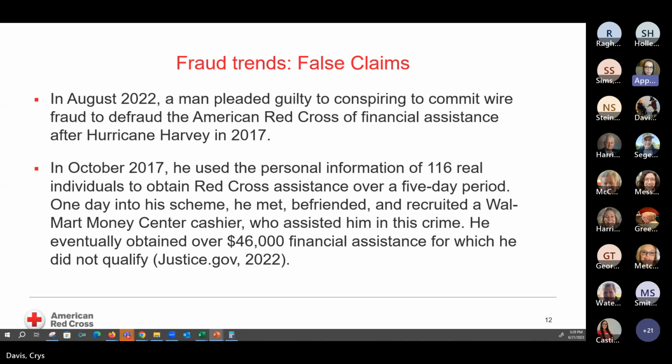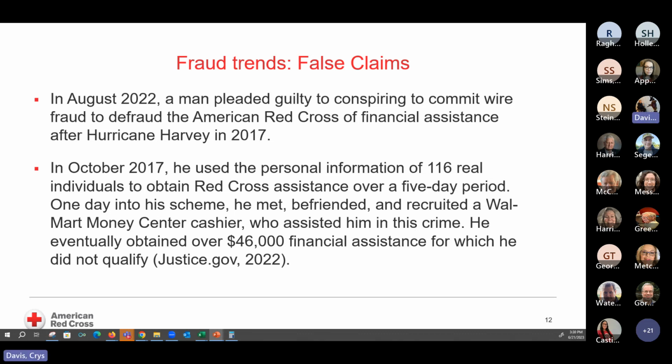And maybe you'll get to this, but how did we catch him? In this case, I will have to look at more information from the Justice Department. But finally somebody recognized him. I mean, after 116 times. Somebody who wasn't his buddy going, hey, wait a second. What?